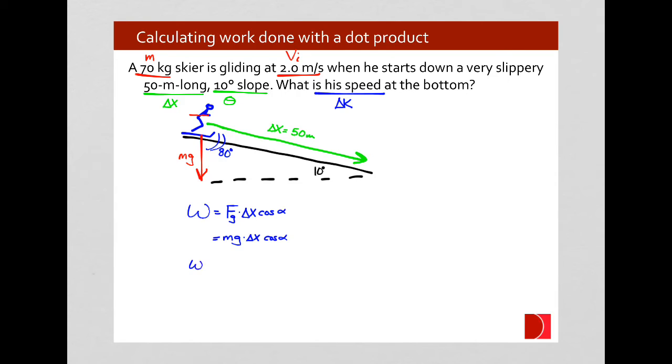And the work comes out to be just about 6,000 joules of work done on our skier by gravity as he goes down the slope.